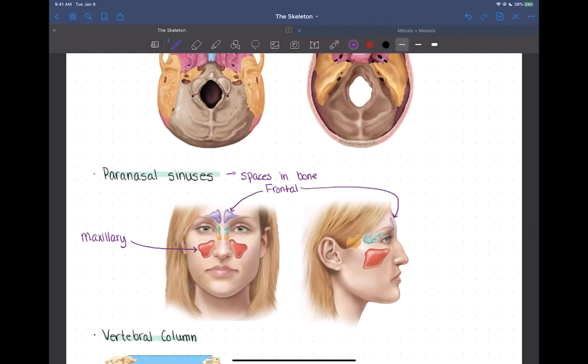Okay, and then we have the ethmoid sinus. So if you ever get a headache that feels like it's right behind the bridge of your nose, that would be your ethmoid sinus. And then you also have behind that, here in orange, your sphenoid sinus.